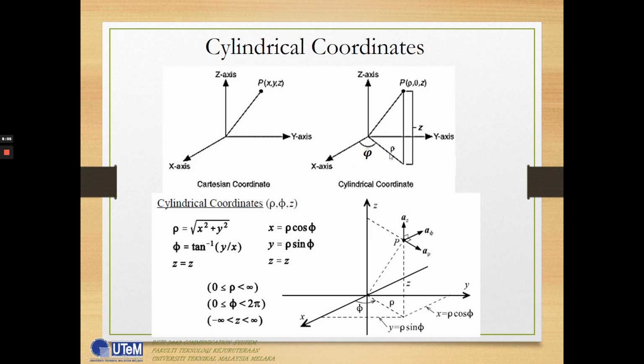However, rho has its own value, which we can derive from x and y. The similarity between them is that z is the same, so we don't concern ourselves with z, we concern ourselves with rho and phi. So these are the equations here, rho and phi.